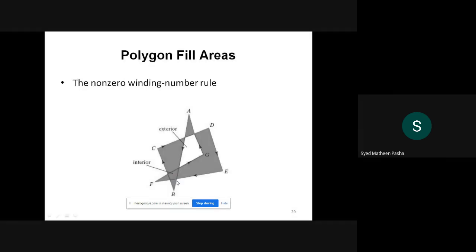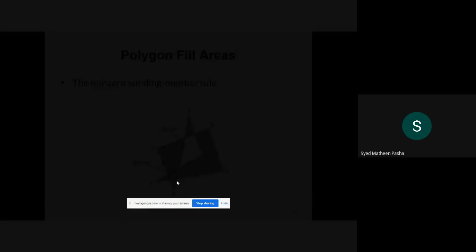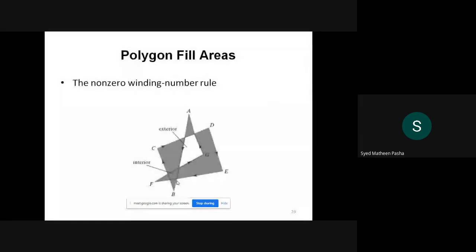In this next step, we'll check out the non-zero winding number rule. How this rule works is, it basically counts the number of times that the boundary of an object bends around a particular point in the clockwise or anti-clockwise direction, which is nothing but the winding number.